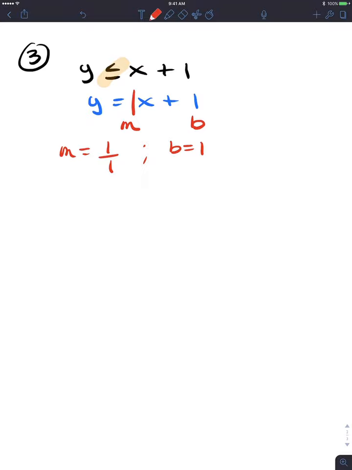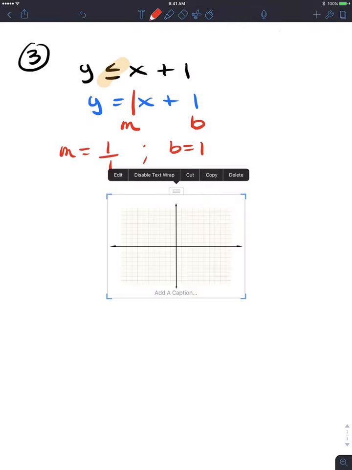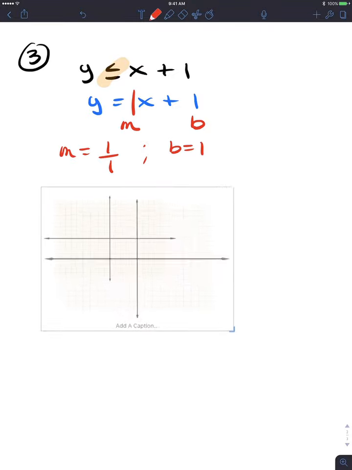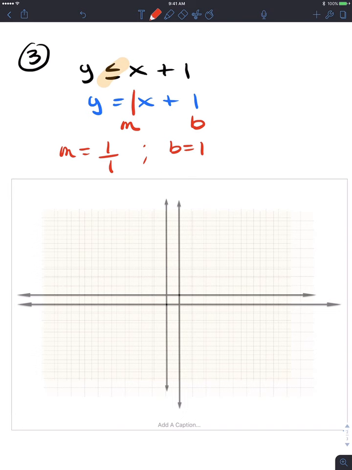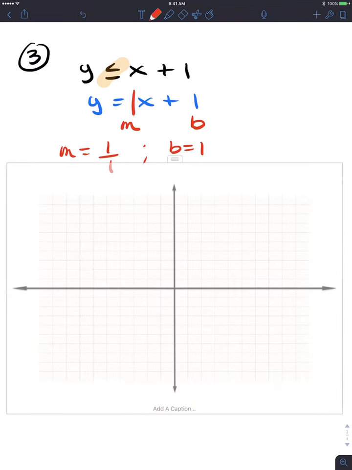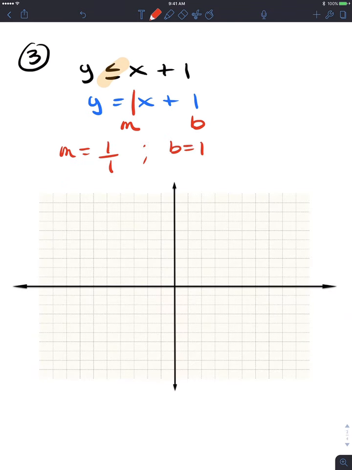We're going to graph this. Plotting where 1 would be on the y-axis is right here, the red dot.